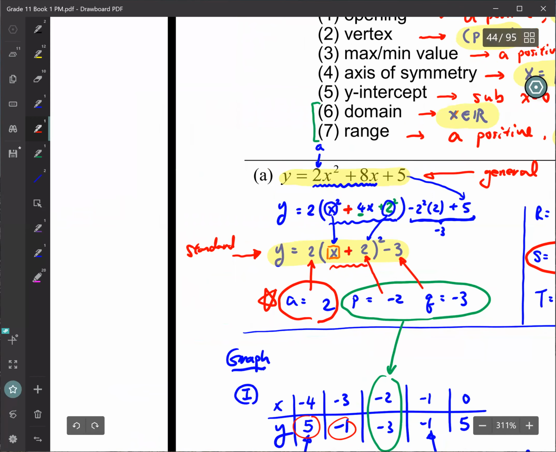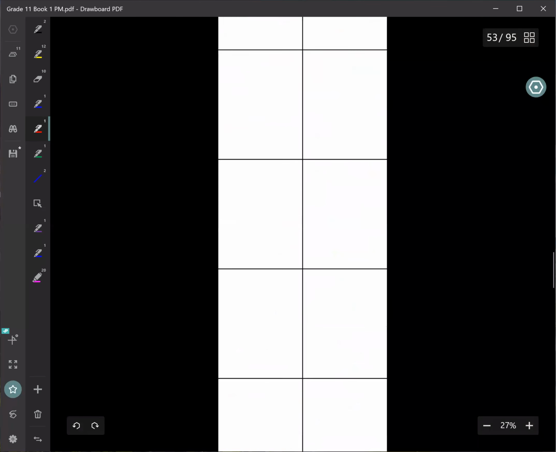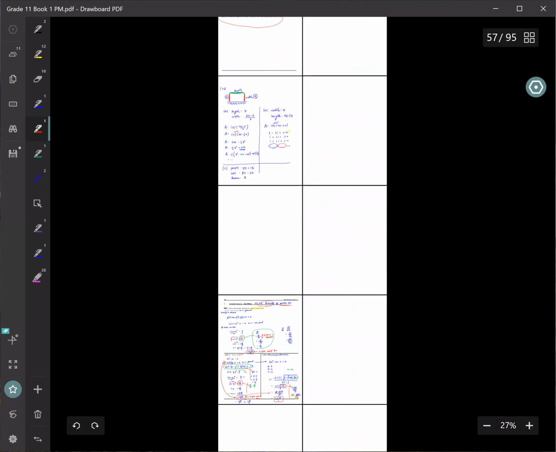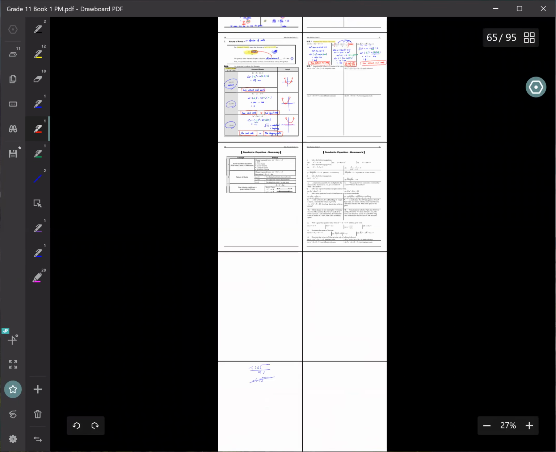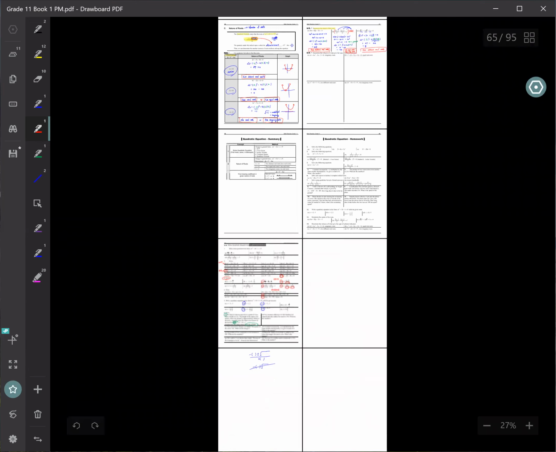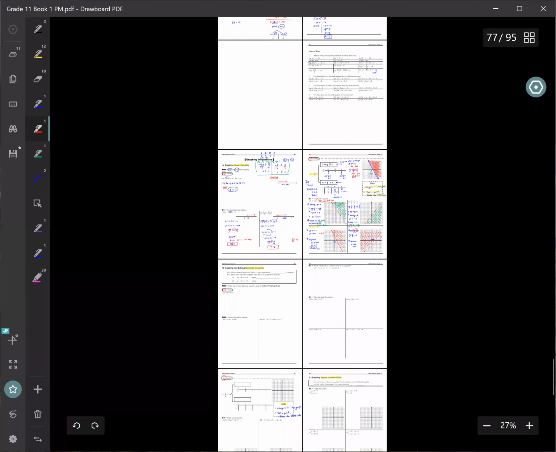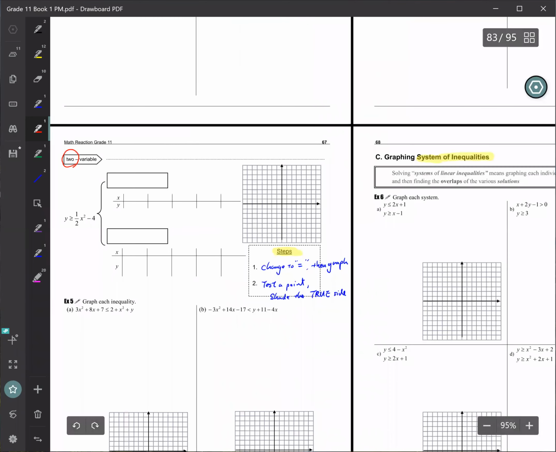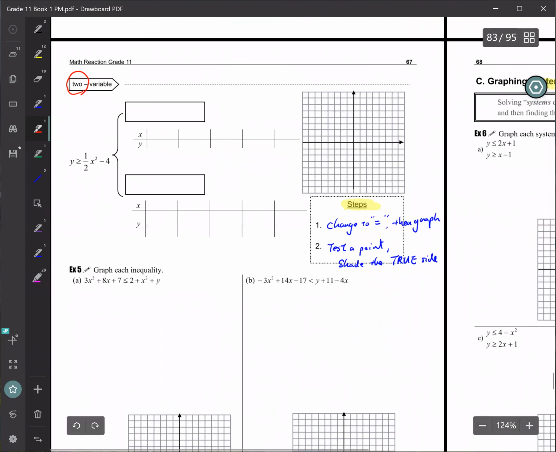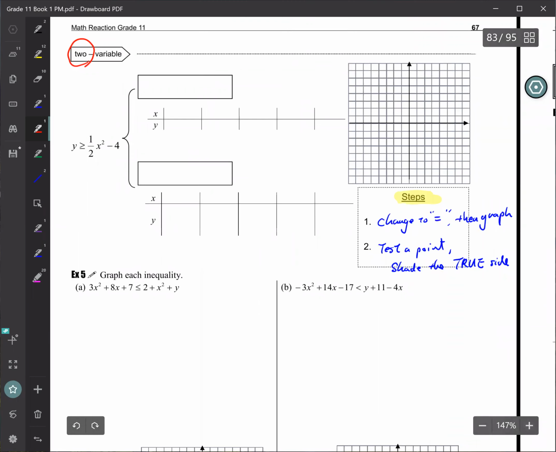Got it? Okay, so now we'll go back to the page. Now we remember how to graph. We need to use that for graphing inequality. So let's try this one out, okay? We'll start with something that's easier, something that you don't need to change. So step one is right here.